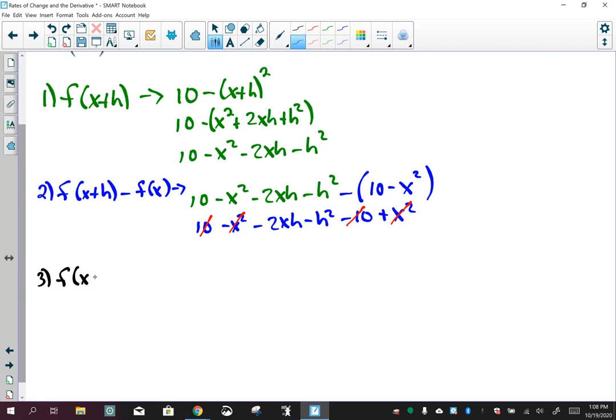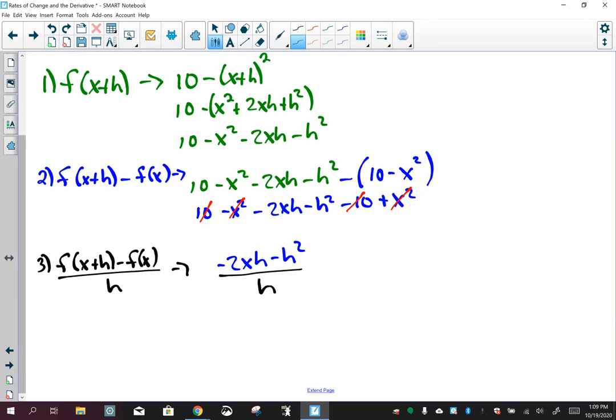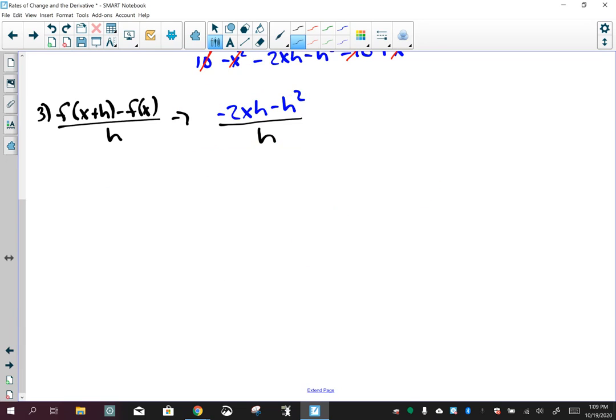So then we go f of x plus h minus f of x all over h. So I'm going to take that negative 2xh minus h squared, and then divide that by h. I'm going to clean this up, and I wind up with negative 2x minus h.